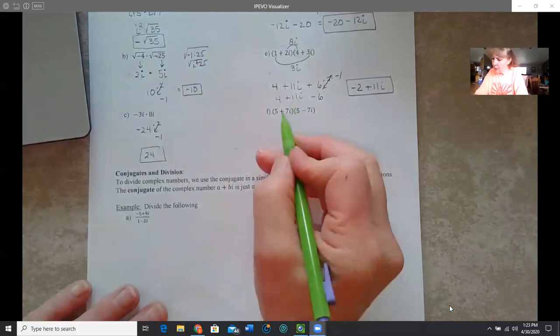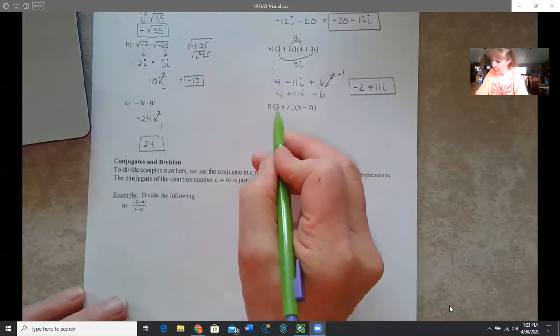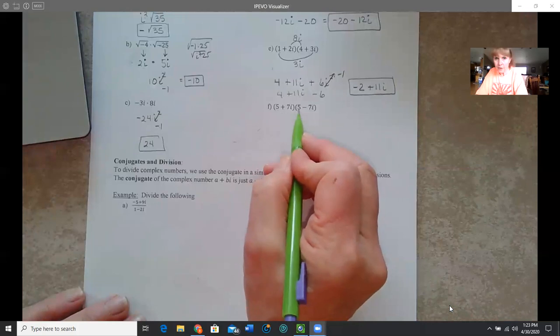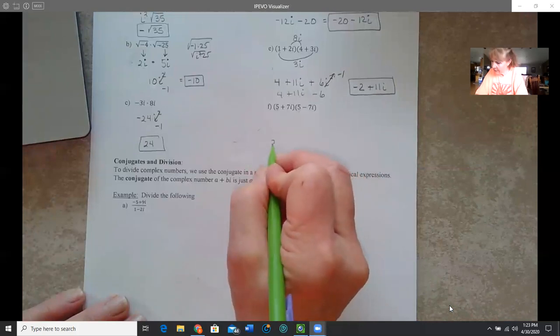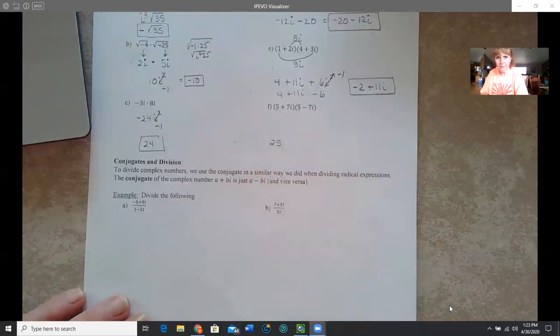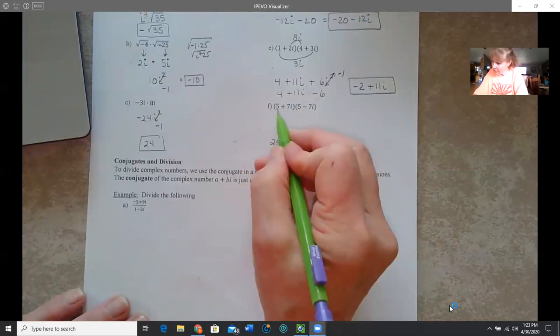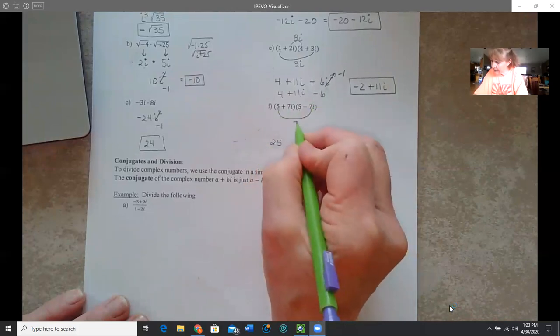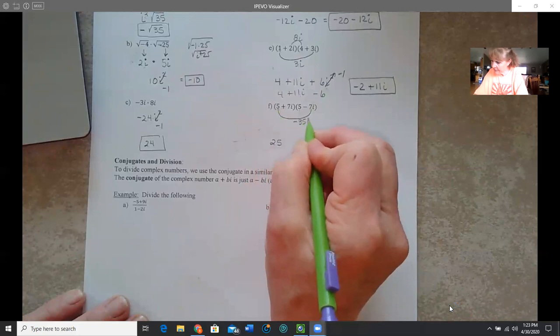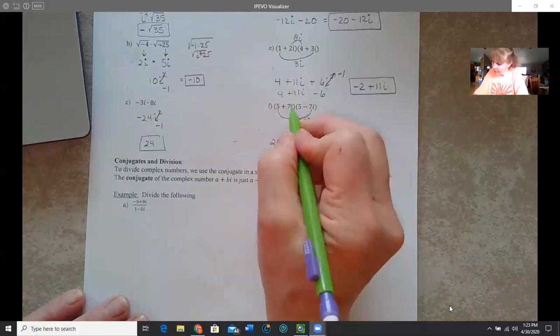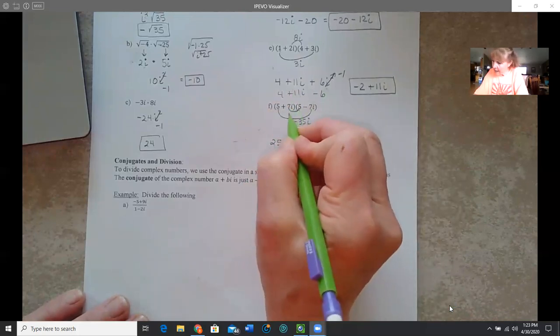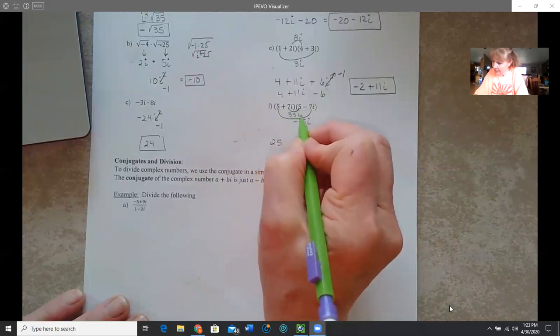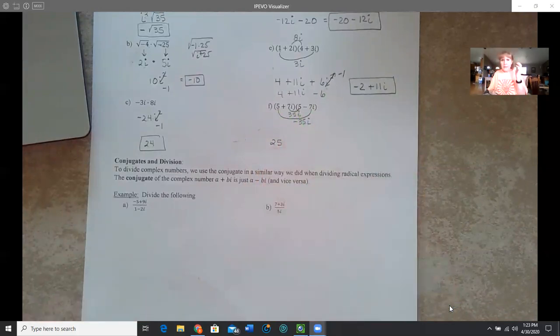So again, using our FOIL method, we're going to take the first times the first. 5 times 5 is 25. Then I'm going to multiply the outside, negative 35i, and we're going to multiply the insides, a positive 35i. Well, when I combine those, they drop out.